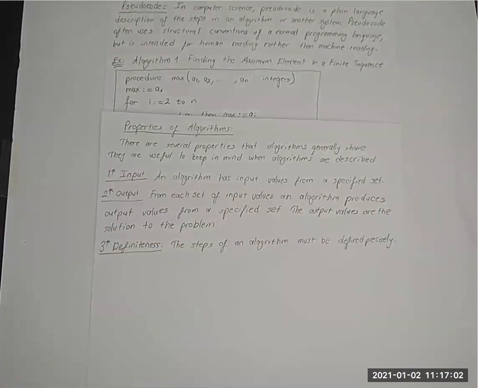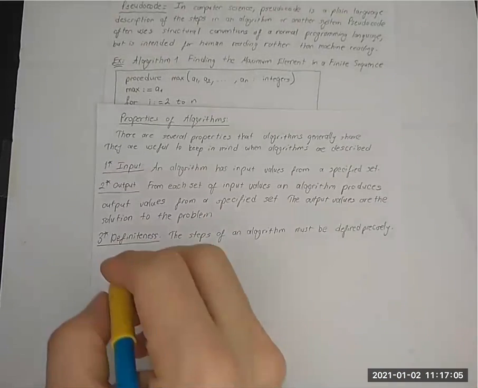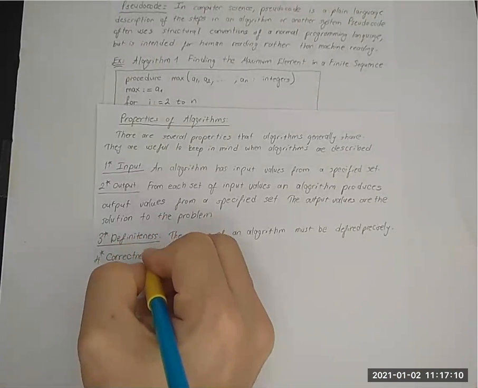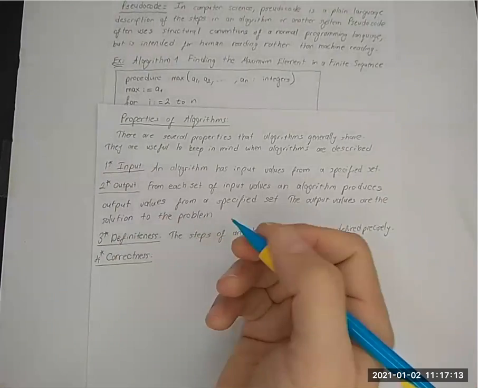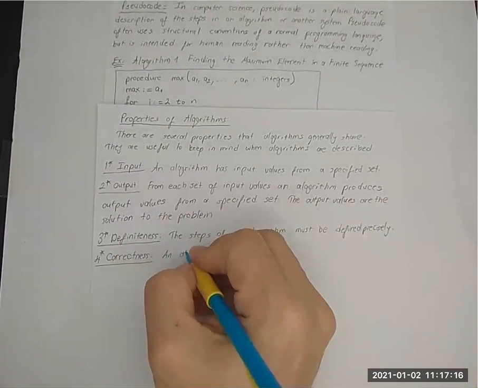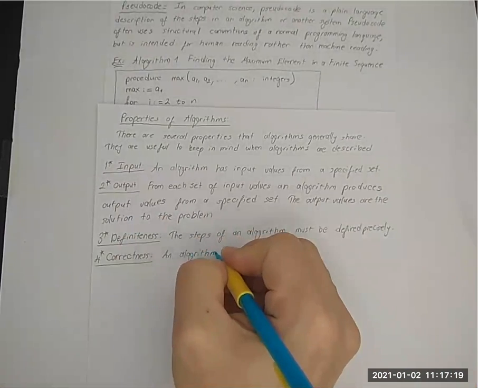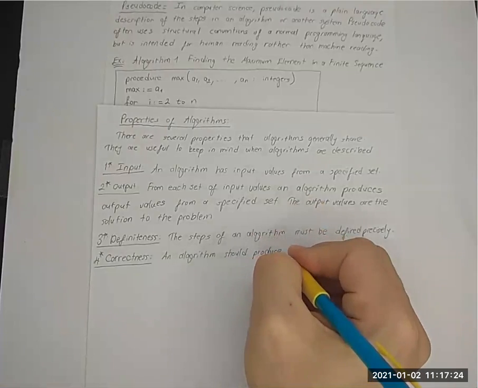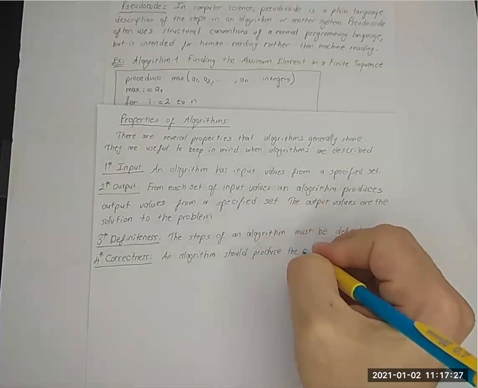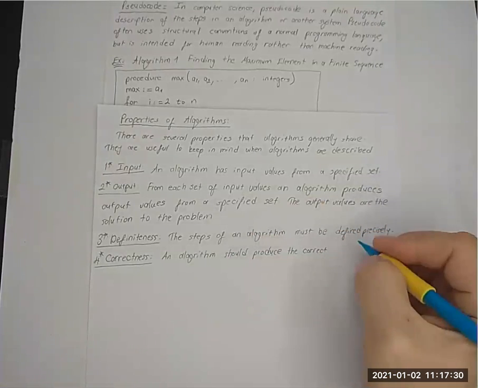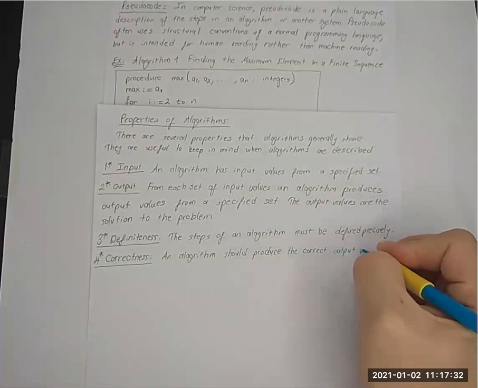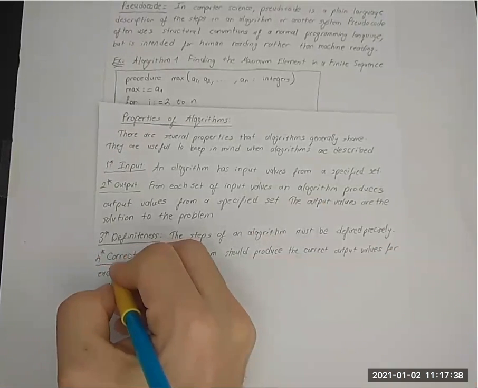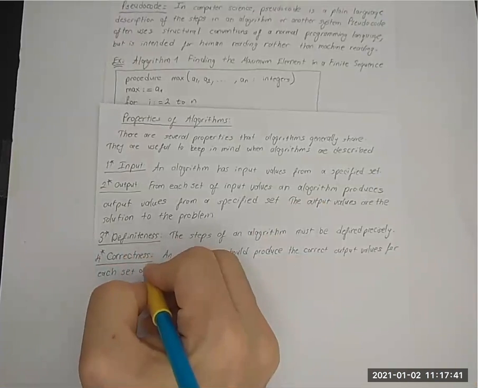And what else? Correctness: an algorithm should produce the correct output value for each set of input values.